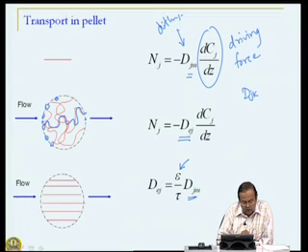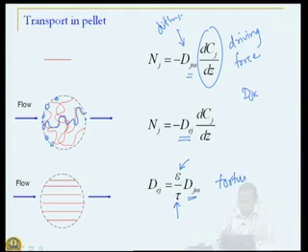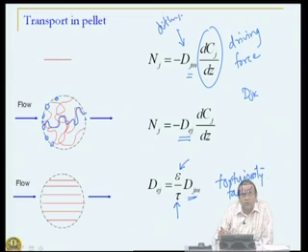and if you are again describing the flux in terms of the major flow direction or the flow direction of the bulk, then we have to introduce another factor tau, which is called tortuosity factor, which is anywhere from 2 to 7 roughly, greater than 1.